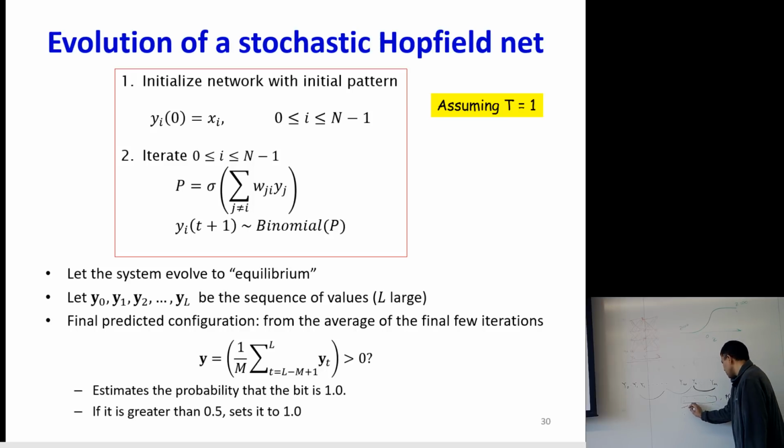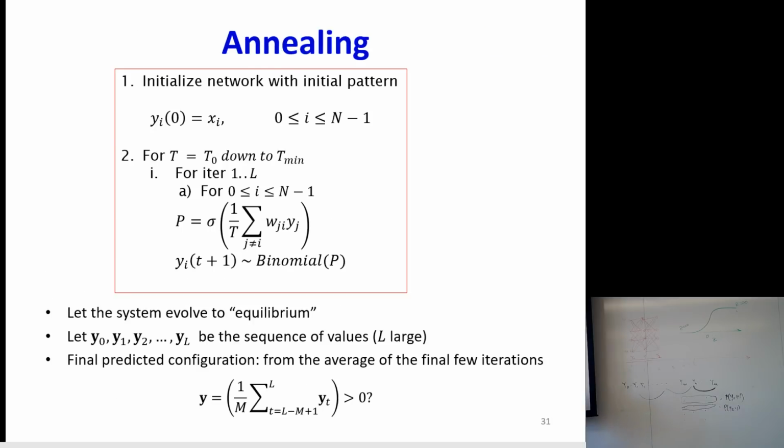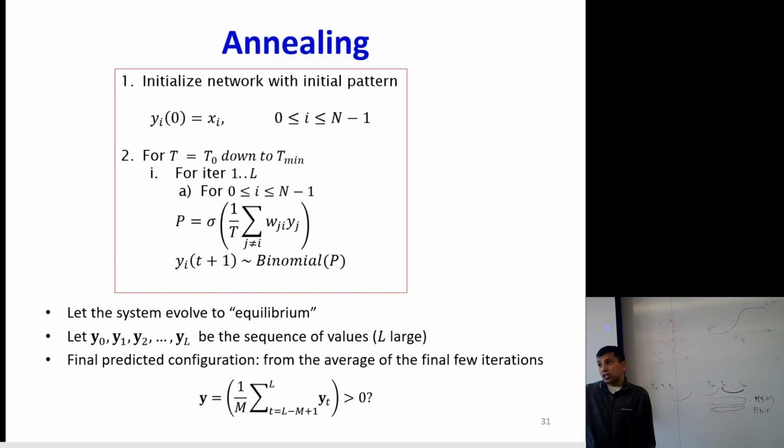The average of the second position is going to give you the probability that y2 equals 1, and so on. And if this probability exceeds 0.5, I'm going to say that bit is 1, otherwise I'm going to call it a 0. So I basically let it evolve and use the probabilities to decide what the bits are going to be.